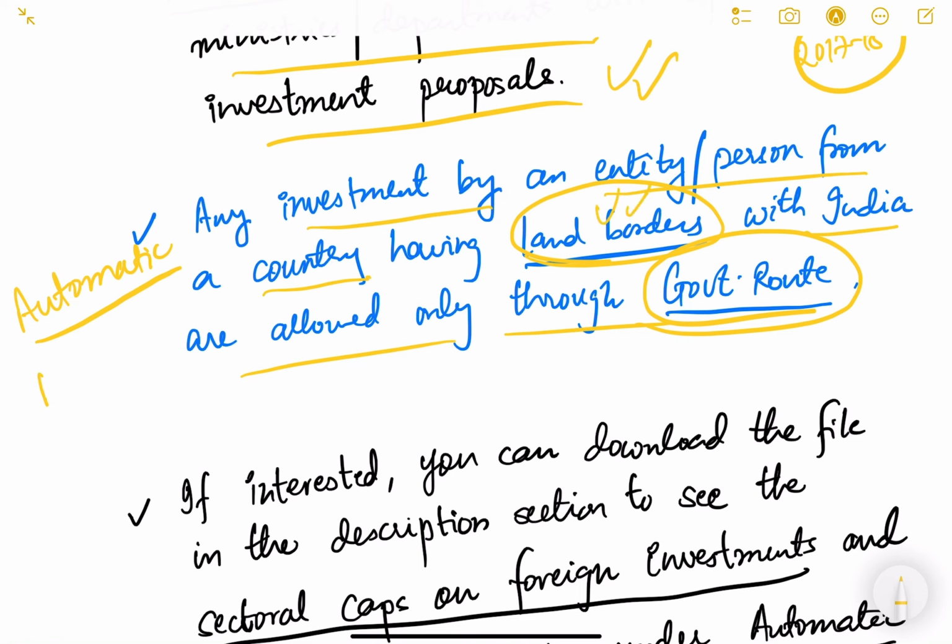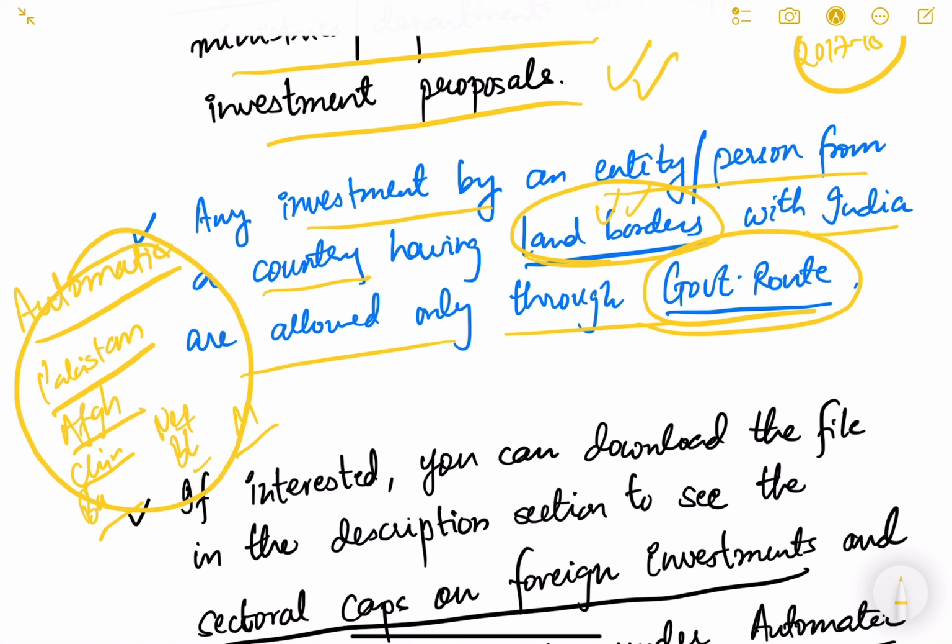Land borders meaning Pakistan, Afghanistan, then China, Bangladesh, Nepal, Bhutan, Myanmar. All these countries have land borders with India. So any investment coming from these countries has to come compulsorily through the government route. They cannot come through the automatic route, even if the automatic route is allowed in that sector.